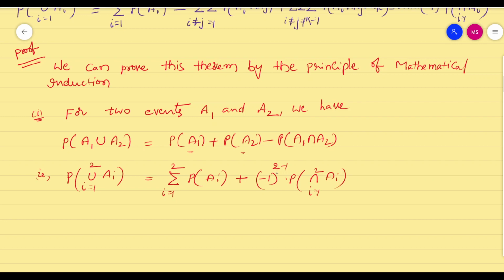What is that? Minus 1 to the power 2 minus 1, 2 minus 1 is 1, so minus 1, giving minus P of A1 intersection A2.